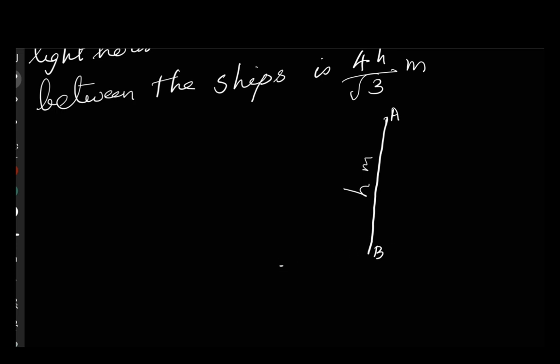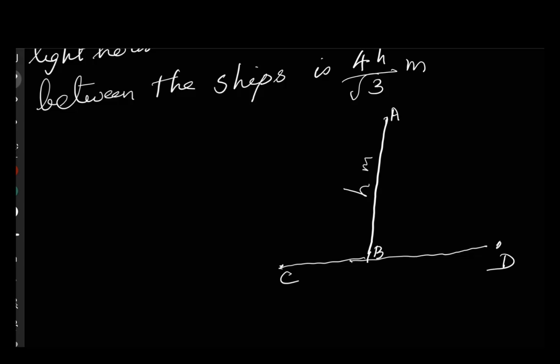See the two ships we observe on either side of the lighthouse. C and D are positions of two ships on either side of the lighthouse. So the ships and the foot of the lighthouse are on the same straight line here.